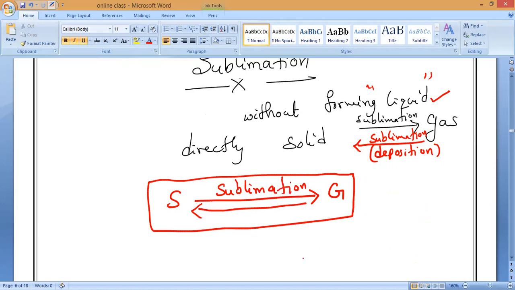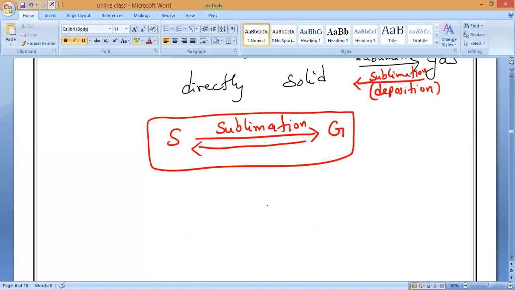Is it okay, guys? Everyone, please respond. Without forming the liquid is very, very important. So the changing of solid directly into vapor is called sublimation, or changing vapor directly into solid is also called sublimation. But what is the name of the reverse process, gas to solid? It is called deposition. That is what you have to remember.